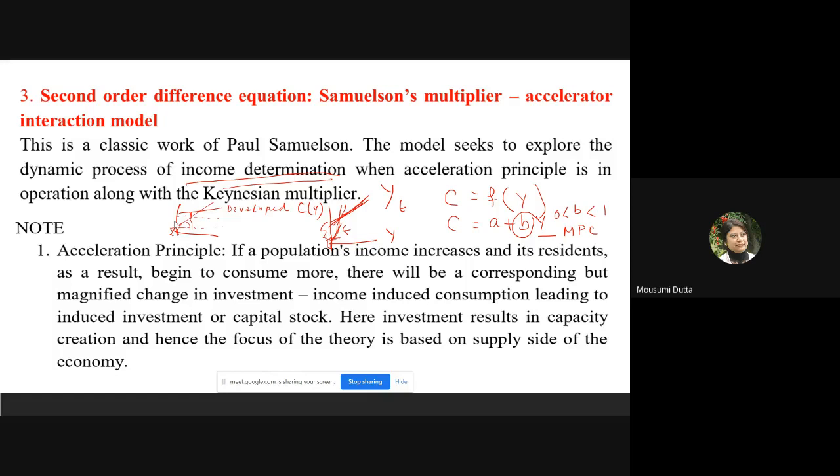I am not talking about an increase in capital stock directly, but about those commodities or services for which consumption increases as income increases; for those, we are going to invest more. A magnified change in investment happens for those sectors. So this is called the acceleration principle.